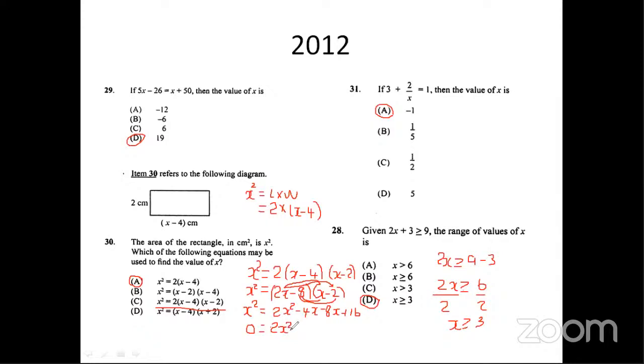It comes over as a minus x squared. Then minus 4x minus 8x would have given us what? -12x. Same signs, we're adding and keeping the sign. And we still have plus 16.